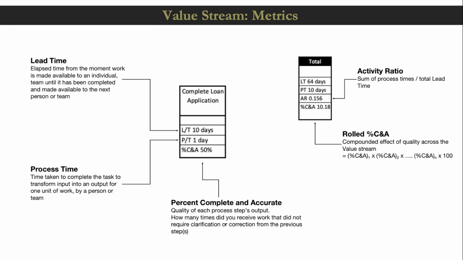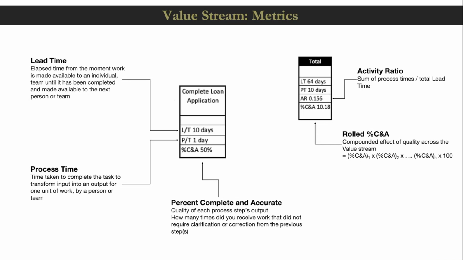Now, if it was at 100%, it meant that every time this process step would have an input, it would be complete and accurate for the team or person working on the step to convert it or transform it into the output.